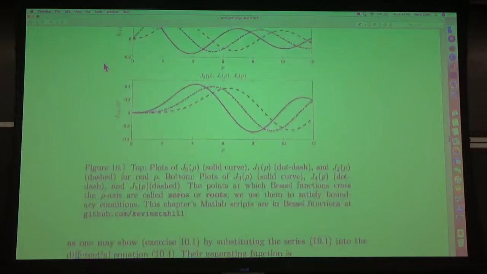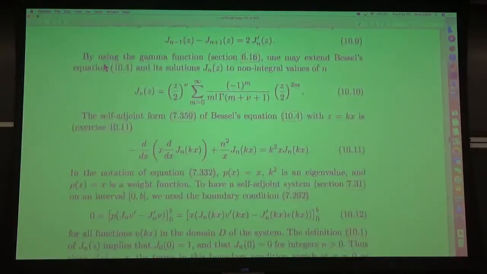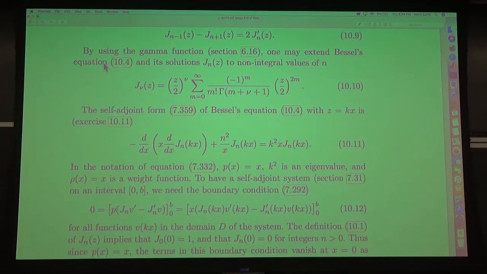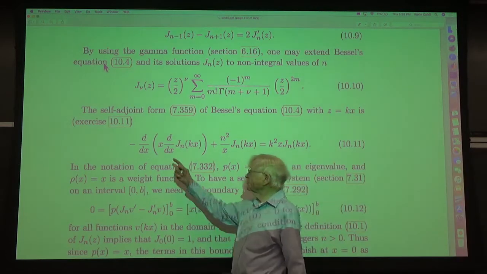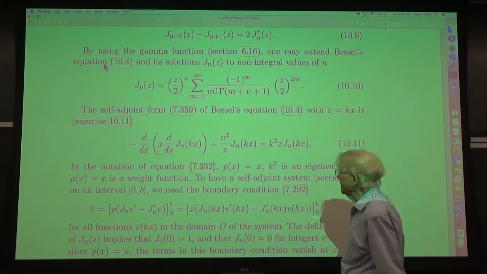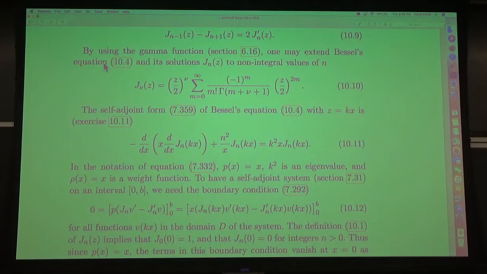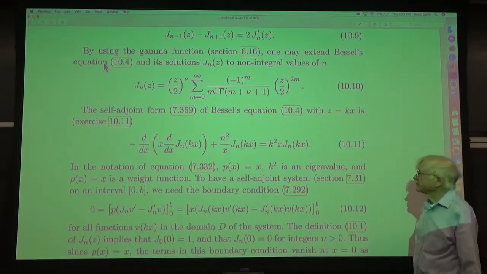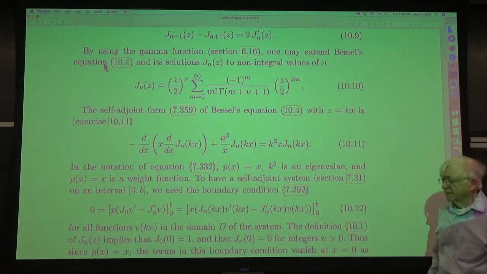The self-adjoint form is later. In the book, it's 10.11 there. And so the function that I've called p of x is simply x. And you can, of course, set k equal to 1. But for arbitrary k, it looks like that.